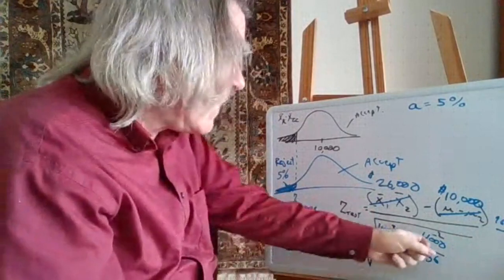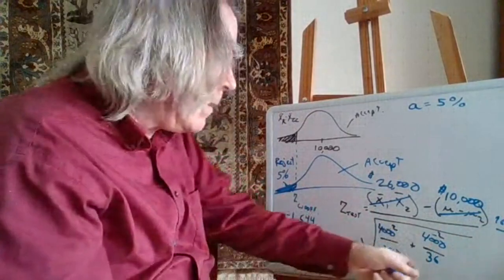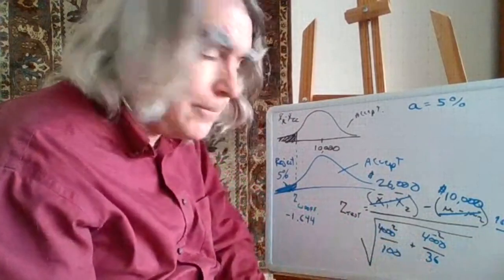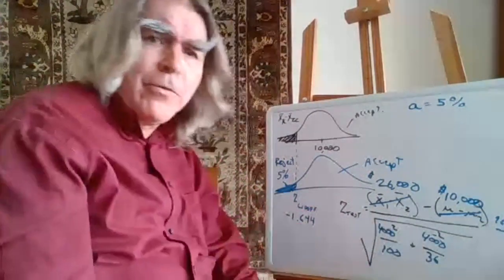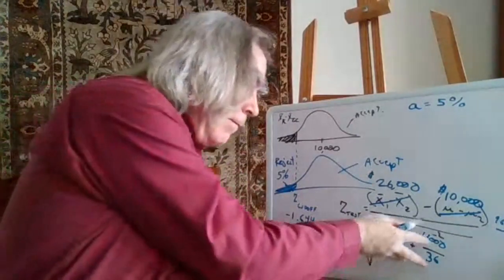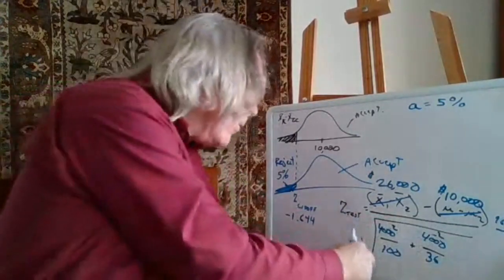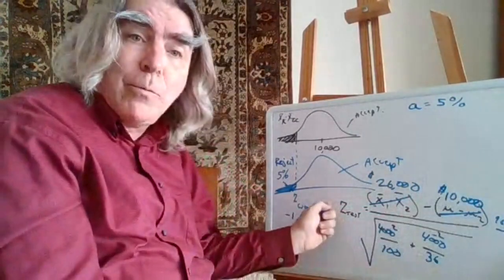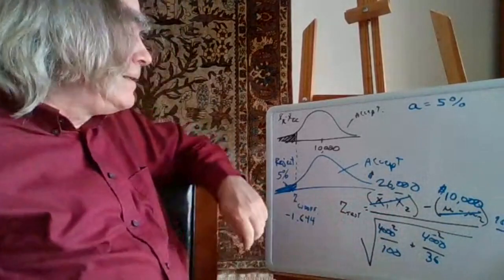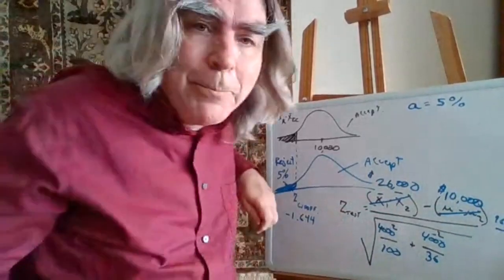Take 4,000, square it, divide by 36. Add those two numbers together. We'll get a huge number down on the bottom. We'll take the square root of it, and that will give us our z-test value.